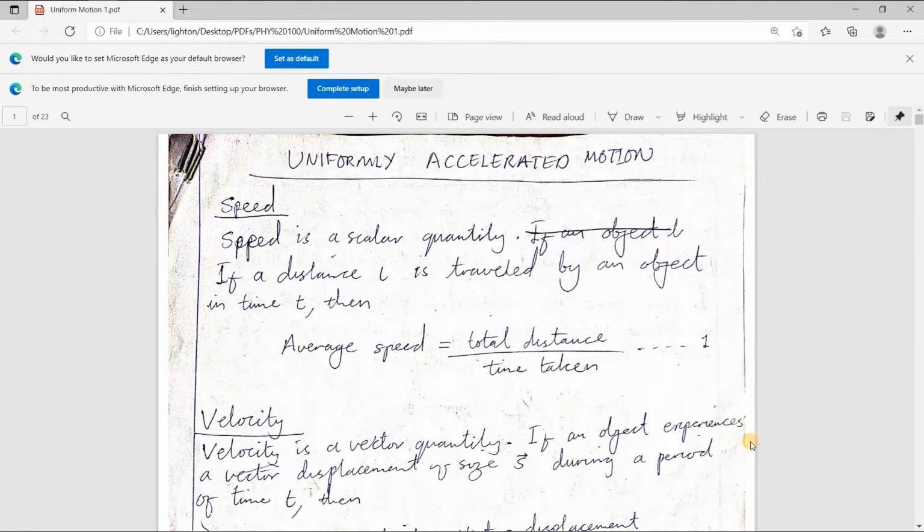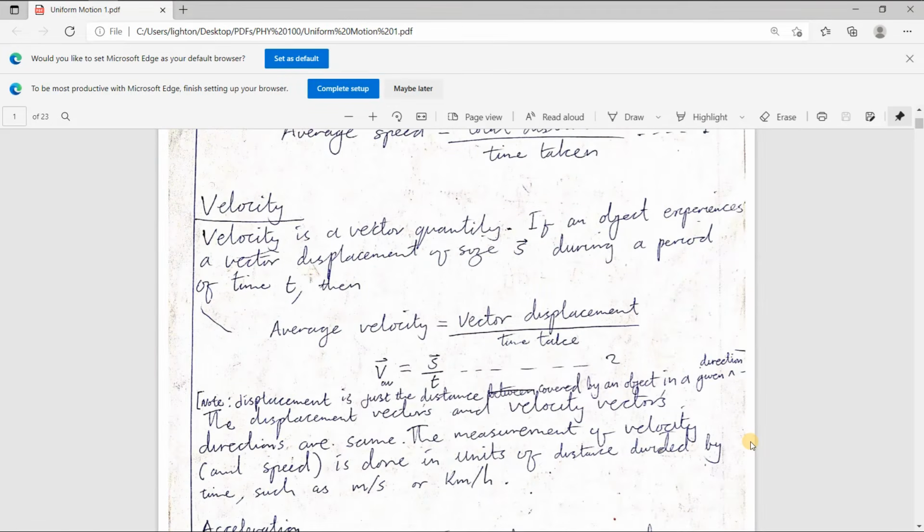Okay, so for now we'll just be looking at definitions, then from there we'll start looking at problems. So velocity is a vector quantity, and if an object experiences a vector displacement of size s, so displacement is mostly represented by the letter s, during a period of time t, then average velocity is equal to vector displacement over time taken.